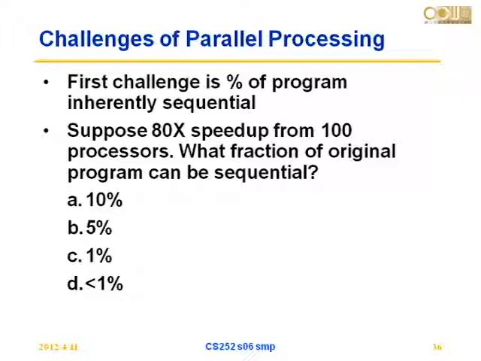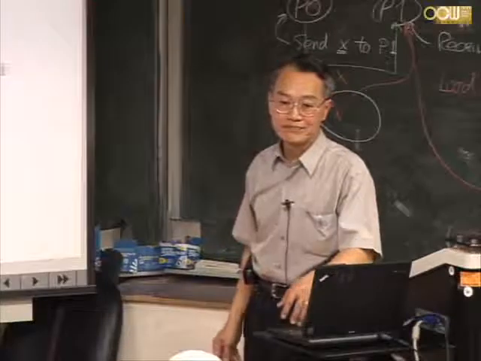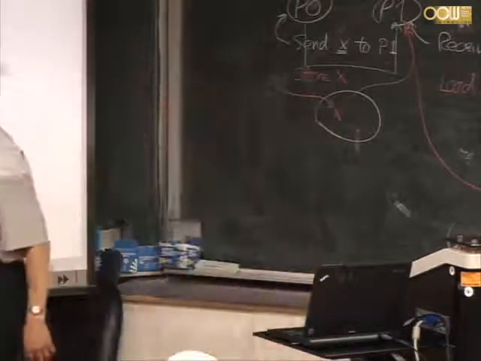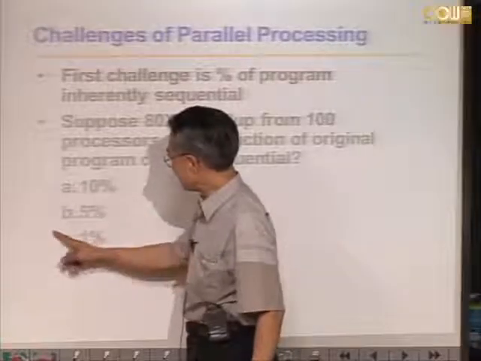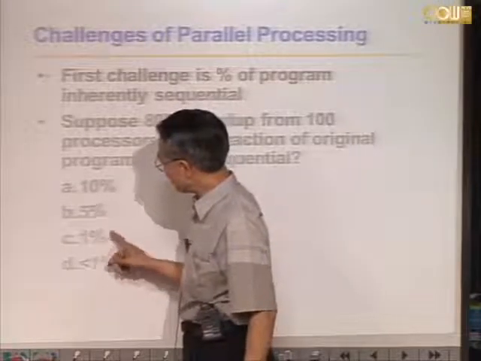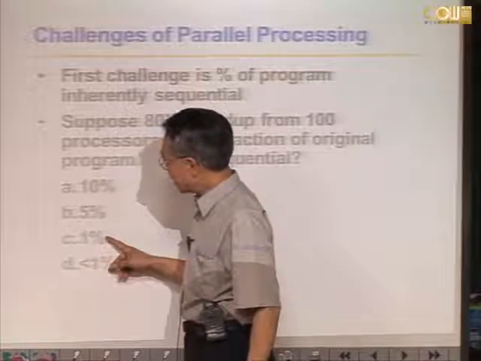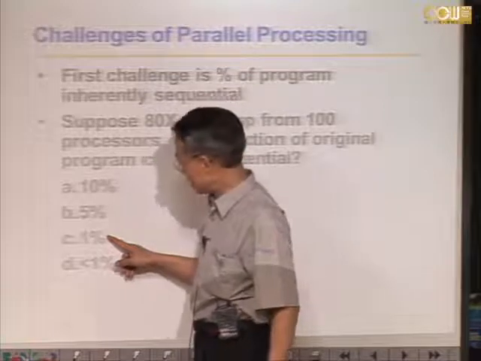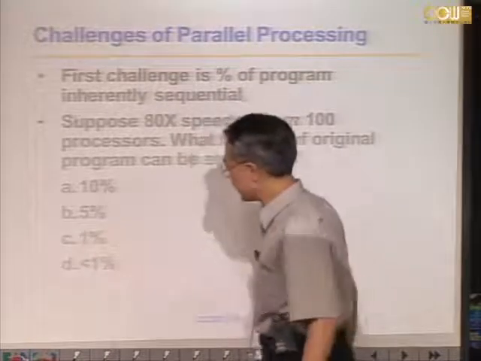So even if the parallelizable portion can be executed in no time, you still get less than 80 times speedup. So this is impossible. With the sequential part being 1%, your idealized speedup will be 100 times only. So C may be the answer.